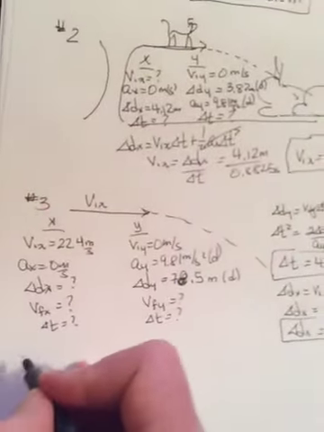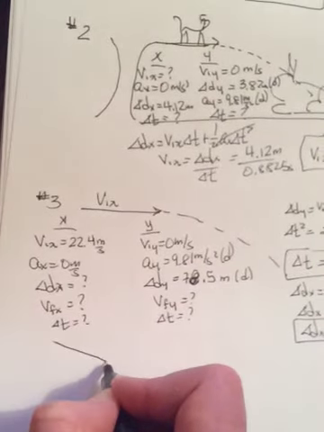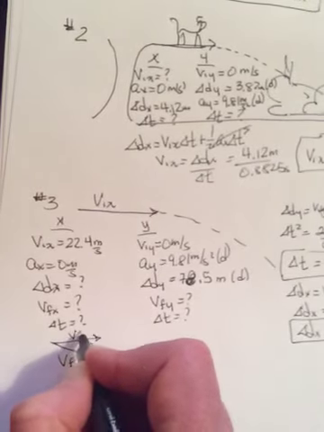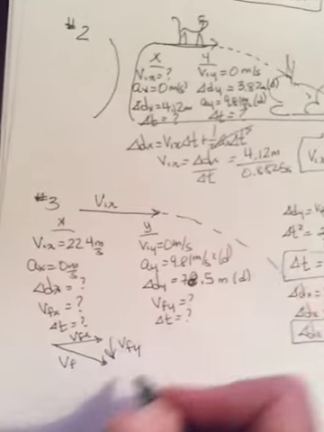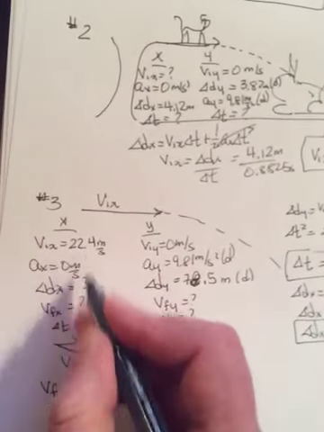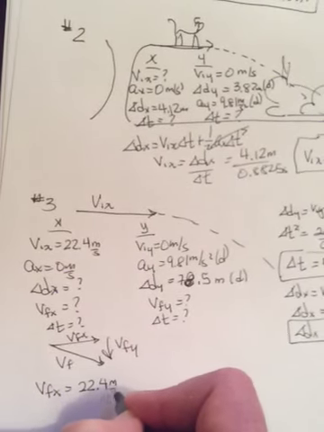All right, and then it wants vf. So remember, our vf is going to be here, and we need our vfx and our vfy. It's really going to be up there, but it's in the middle of the diagram, in the given. So vfx is just going to be vix because a is 0, so 22.4 meters per second.